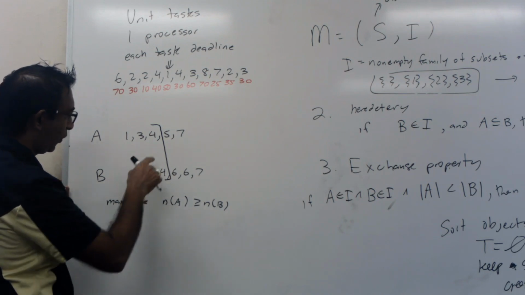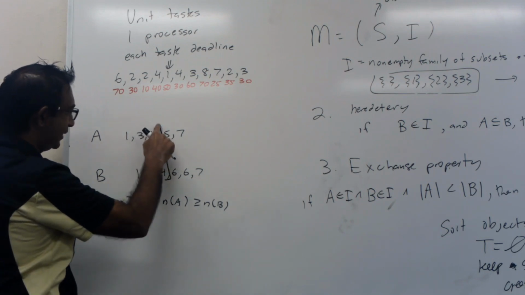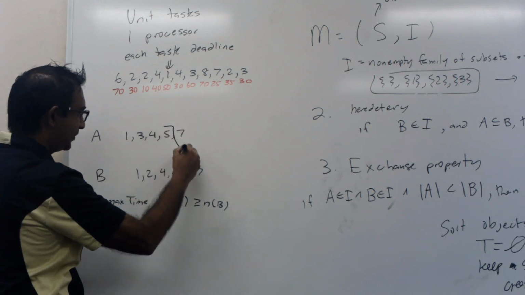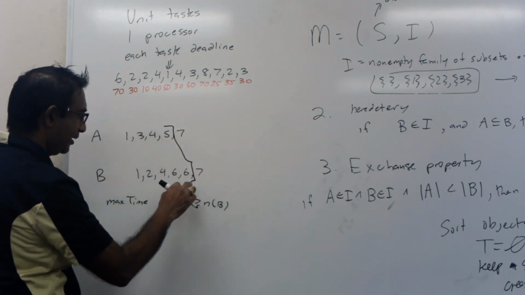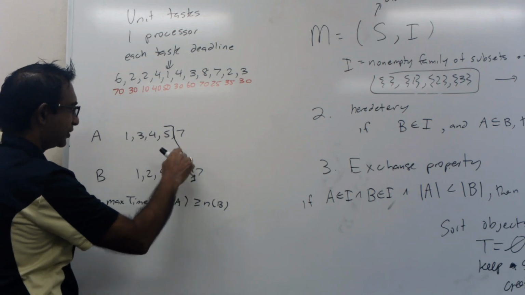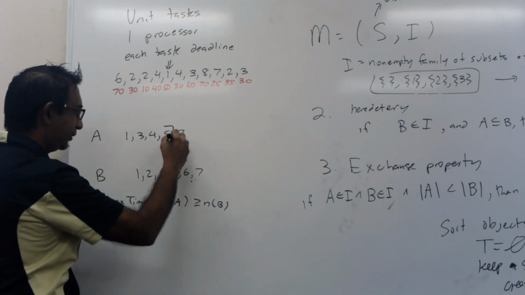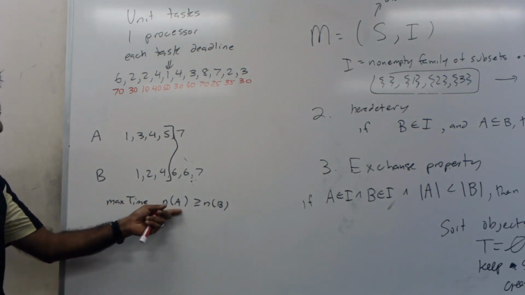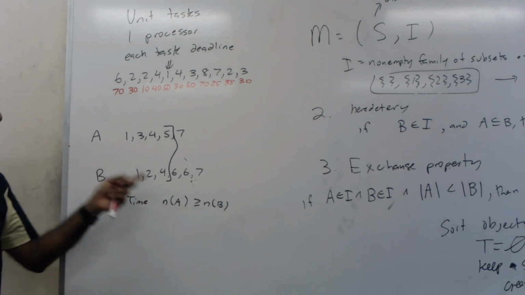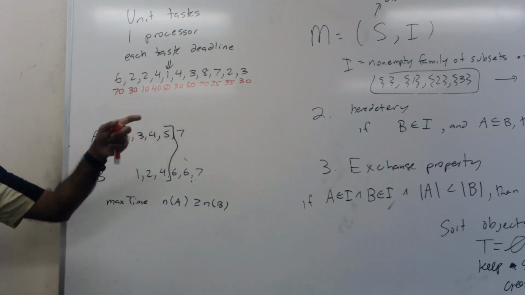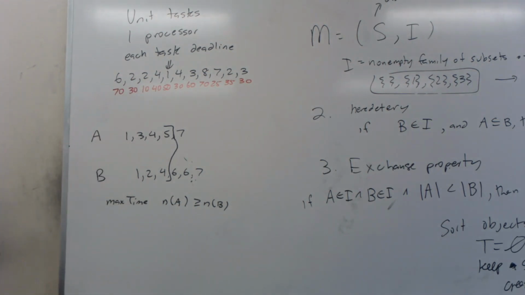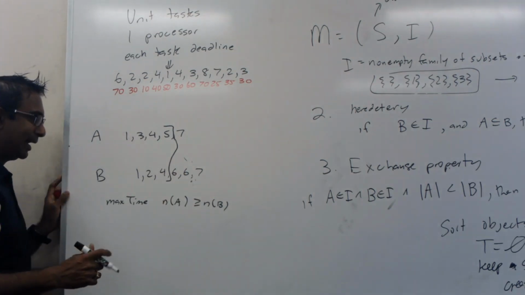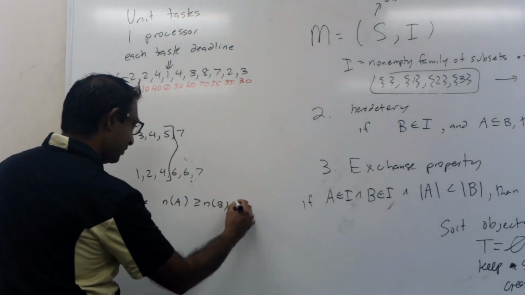Because at time 4, actually, let's see here. At time 5, time 6 is going to be when B is bigger than A. So time 5, actually, there we go, that's a better one. Time 5 is going to be the last time where NA is greater or equal to NB using the deadlines. Okay. So at the end, B is going to be greater than A, and then we call this time K.